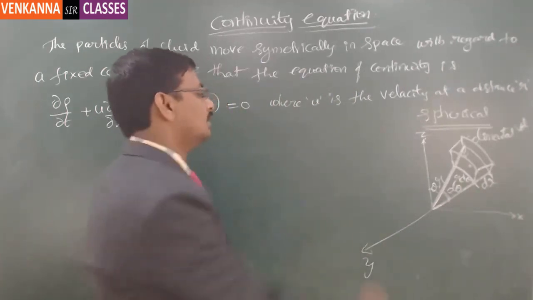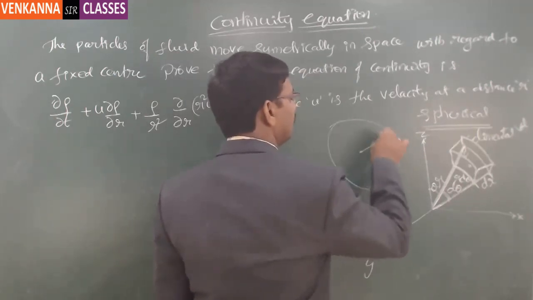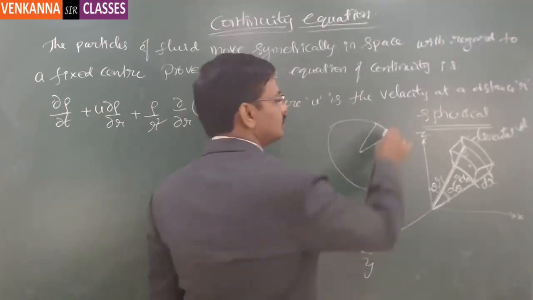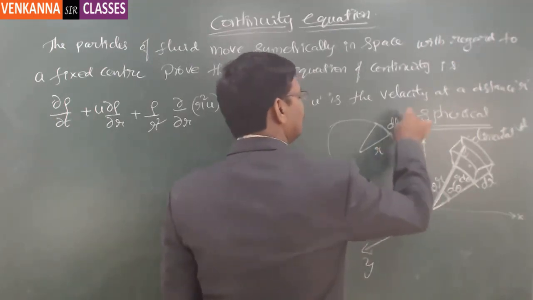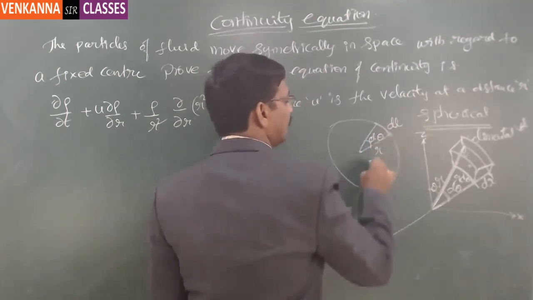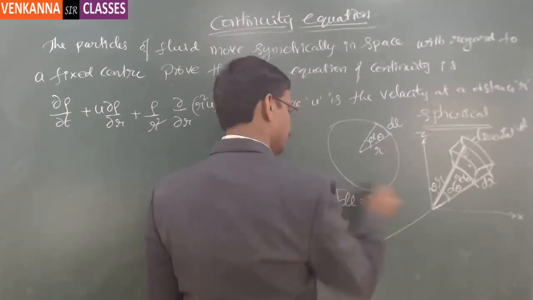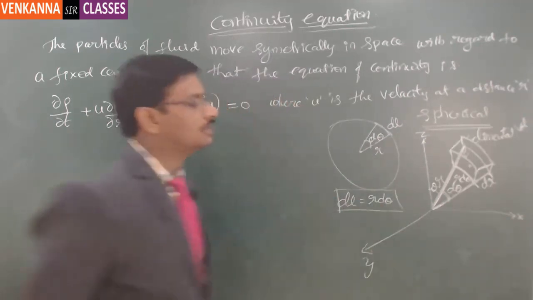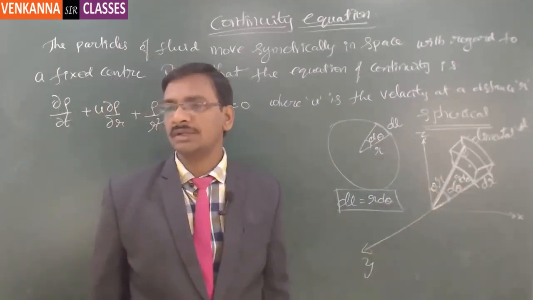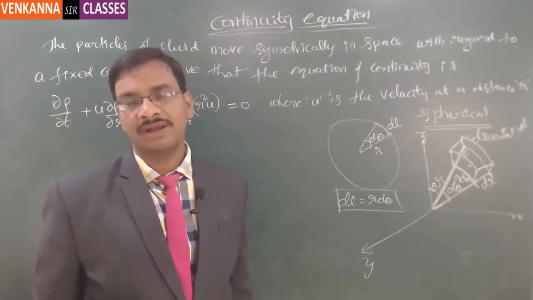Because in any circle you can think of, if the radius is r, then this particular elemental length, that is the perimeter, if you call this as dl, then dl will be equal to r d theta. So this is in case of circle, right? Here in spherical coordinate system, we can imagine a circle along the theta direction, and we can imagine a circle along the phi direction as well.